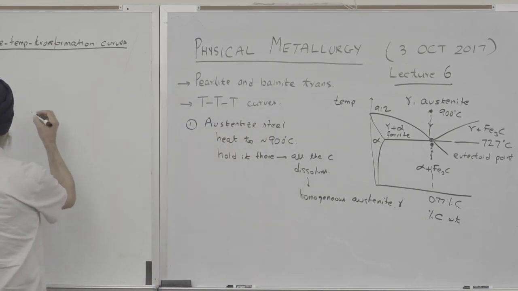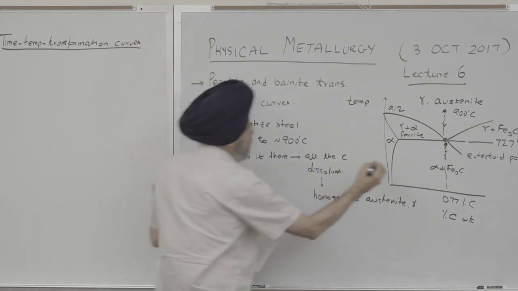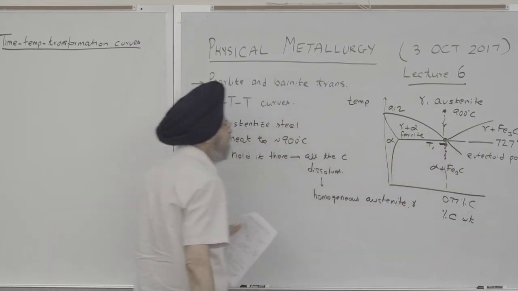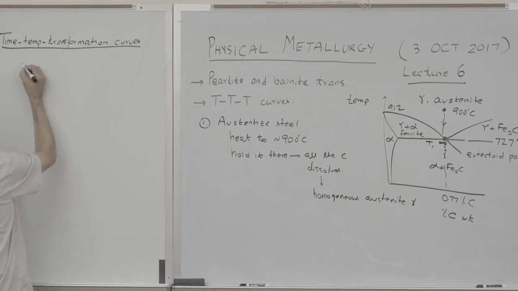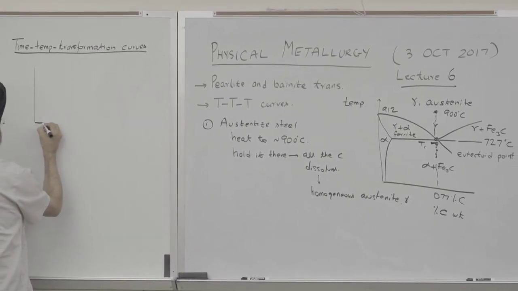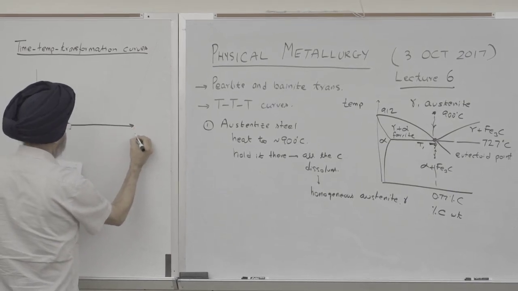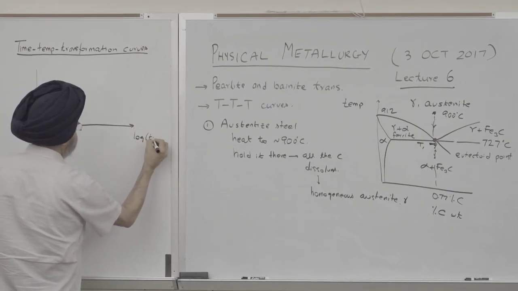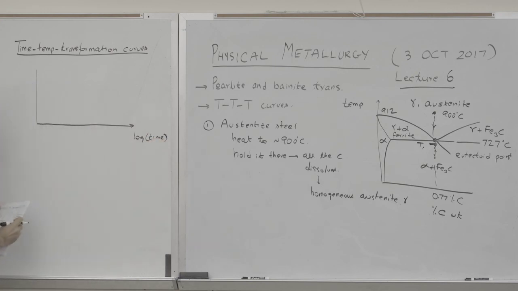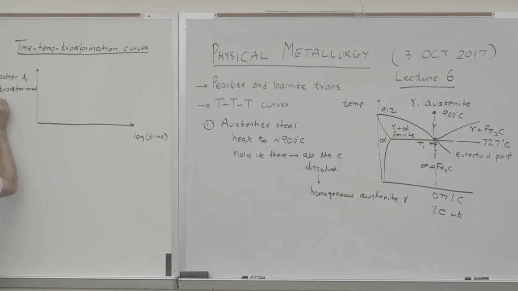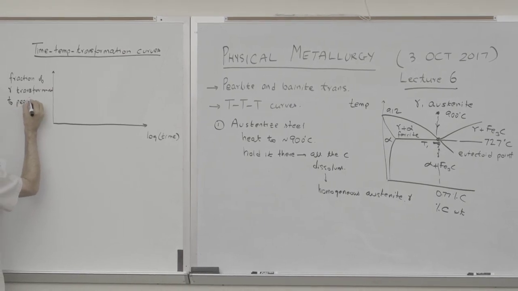So let's plot. Let's say we get to a temperature over here, T1. At T1, let me draw the transformation. Now I'll have log of time on this axis, and on this axis I'll have fraction of gamma that is transformed to pearlite.